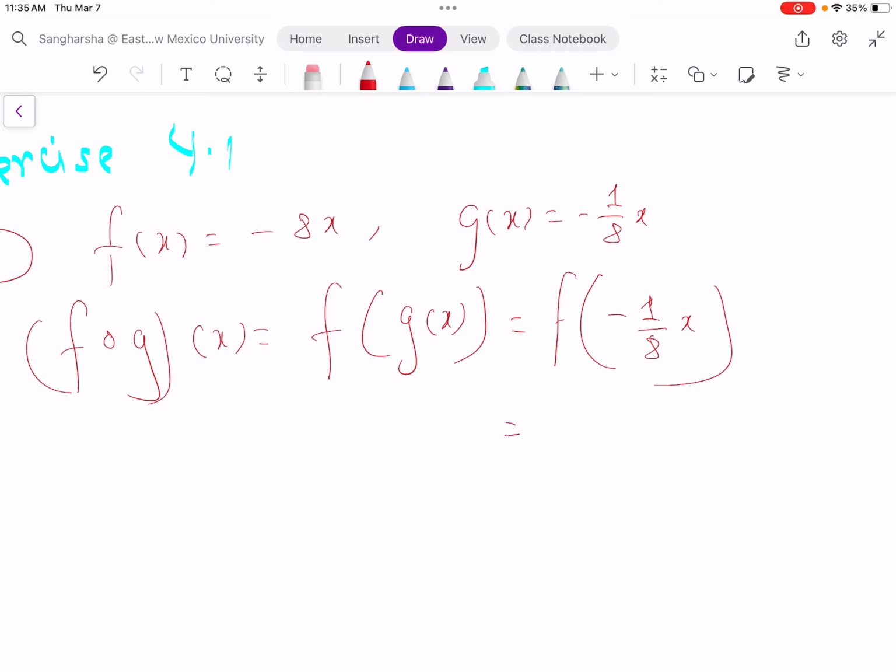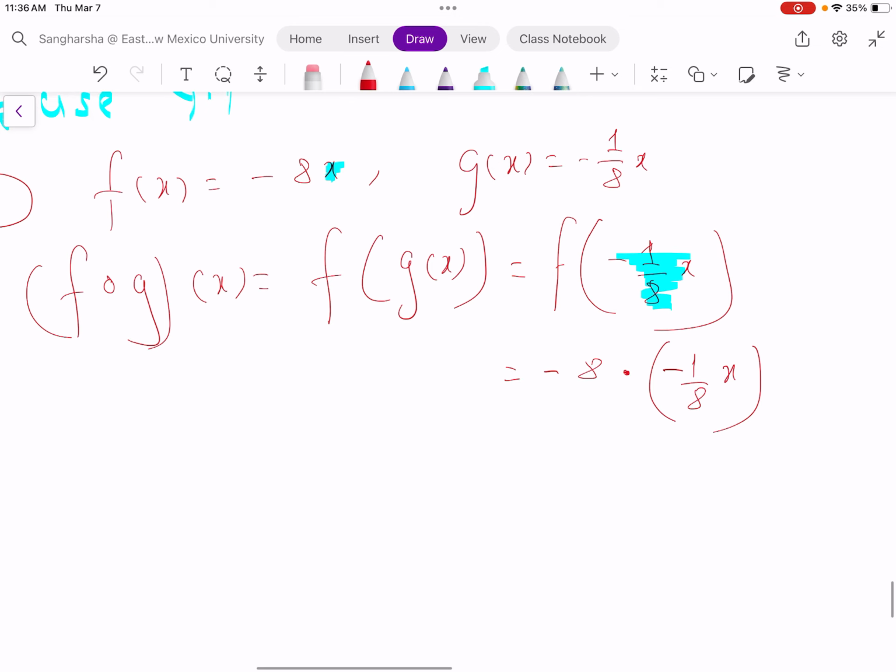Now we find f of negative 1 over 8x, and for that we substitute negative 1 over 8x for every x in the f function. So we have negative 8 times negative 1 over 8 times x. Negative 8 times negative 1 over 8 is positive 1, times x is x.